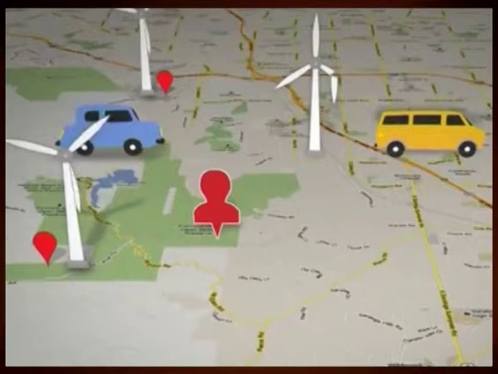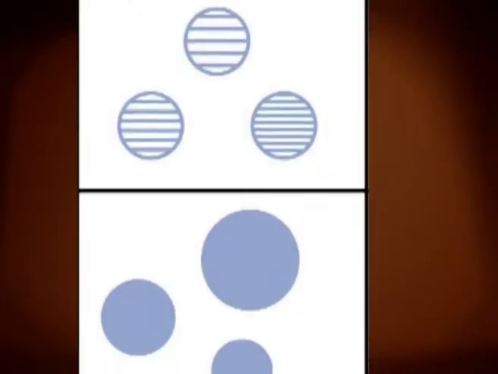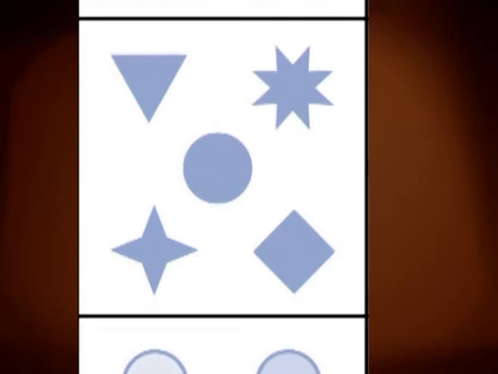Orientation is best used to show nominal differences. Orientation refers to the angle at which the symbol is placed on a map. Different angles connote qualitative differences. Shape is also useful in connoting qualitative differences in attributes. It is particularly effective when applied to line symbols.